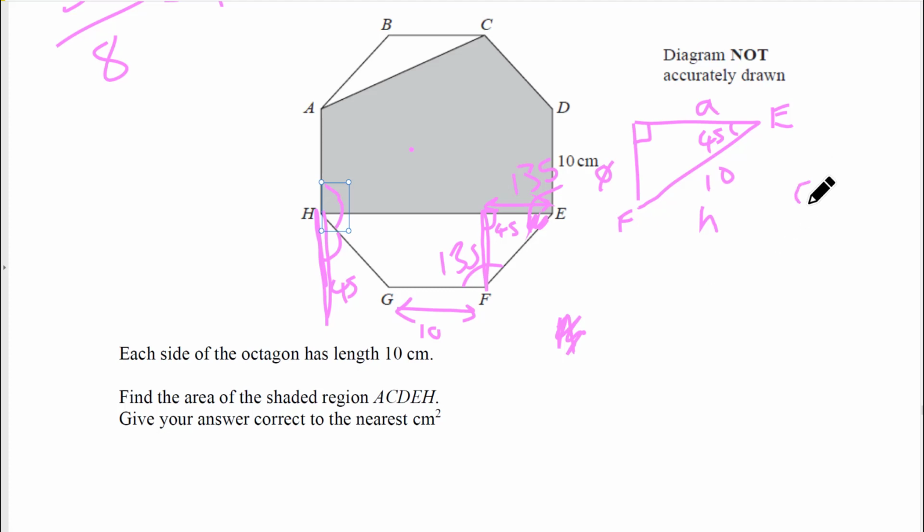So that is CH. Now we want to find A. So A equals cos 45 times 10.